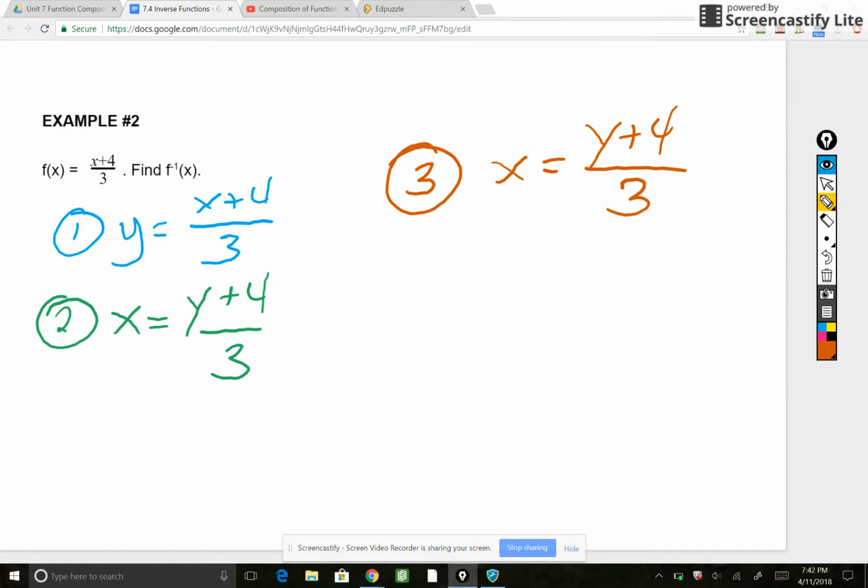Remember, you're undoing what the equation has. This equation is (y plus 4) divided by 3. So to undo the division, I first have to multiply. All right, then I have y plus 4. To undo the plus 4, I have to subtract.